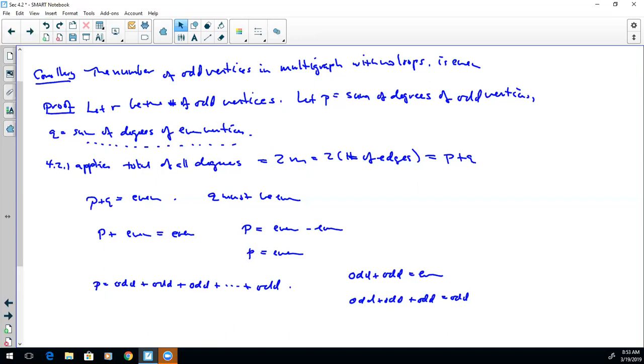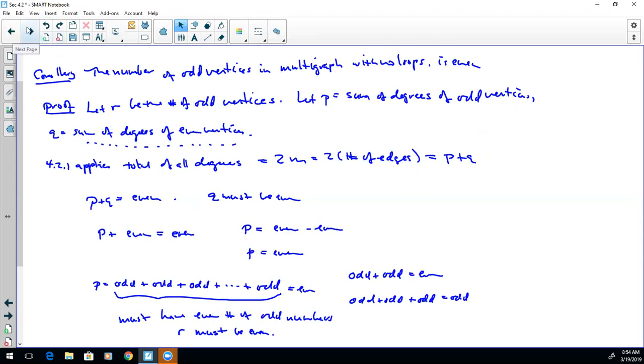So we must have, excuse me, if this is even, we must have an even number of odd numbers, so R must be even. Because that's how many odd vertices you have. Okay.